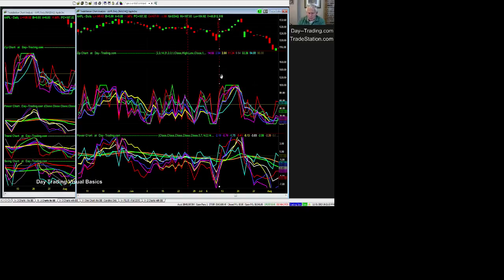At the bottom here I just have the zip chart and the power chart displayed, with the candles up above. On this day, we have zip at 27.56 and the zip green at 30.